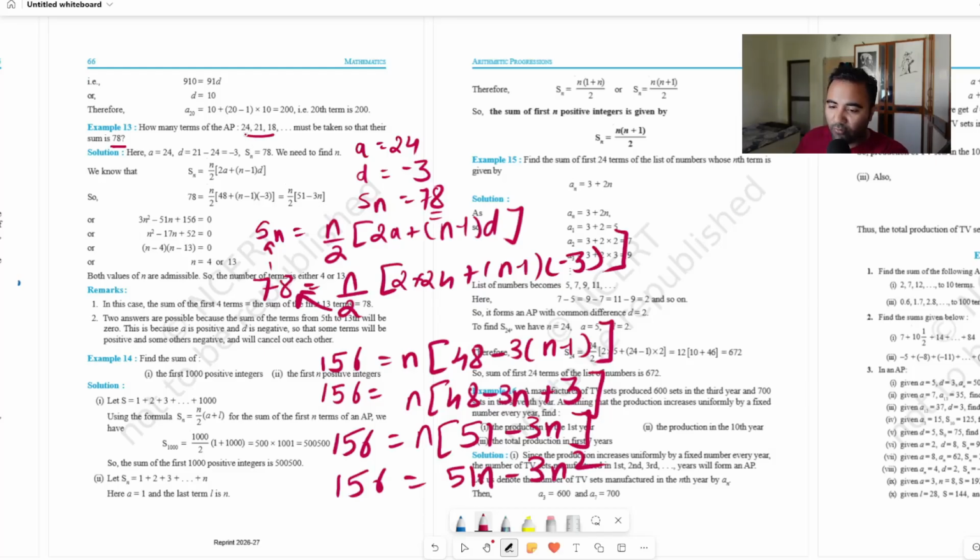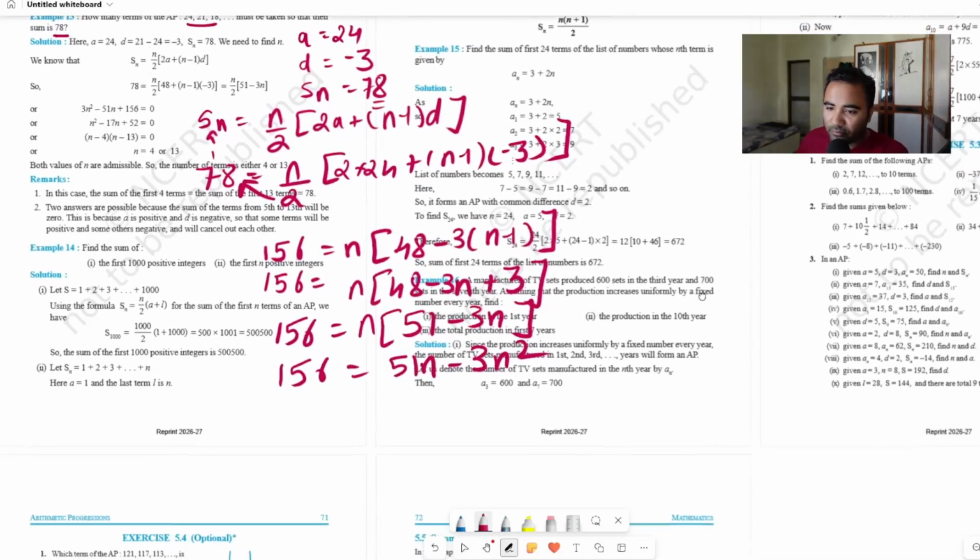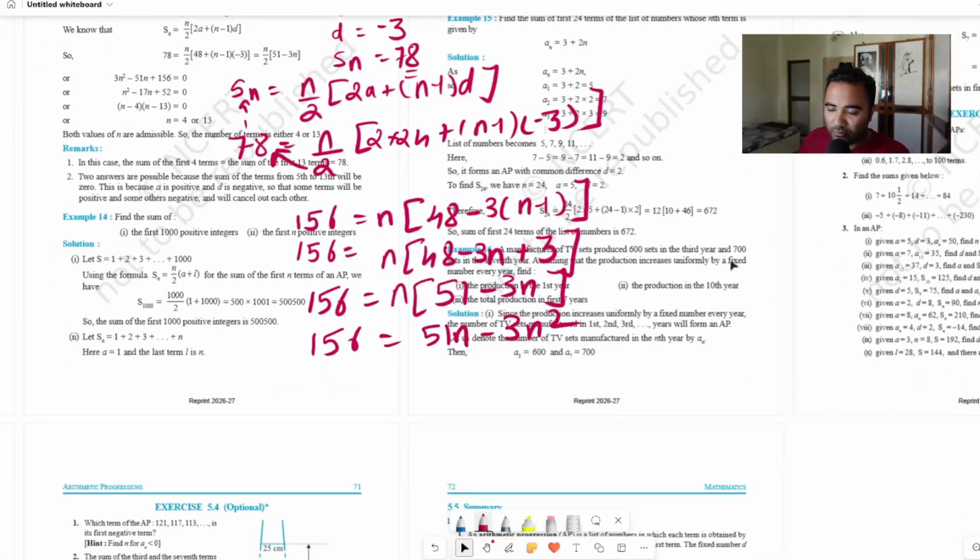Now I'll take all of this over here. So 3n comes over to the other side, so 3n square minus 51n plus 156 is equal to 0.